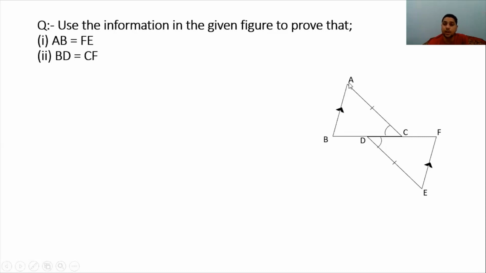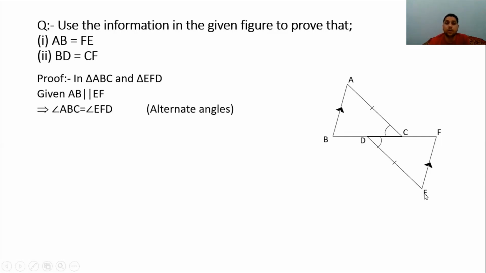Second condition is that AC is equal to DE. Also, angle C is equal to angle D. These are the important parts given in the figure, and then we'll proceed with triangle ABC and triangle EFD. First thing here, AB is parallel to EF.